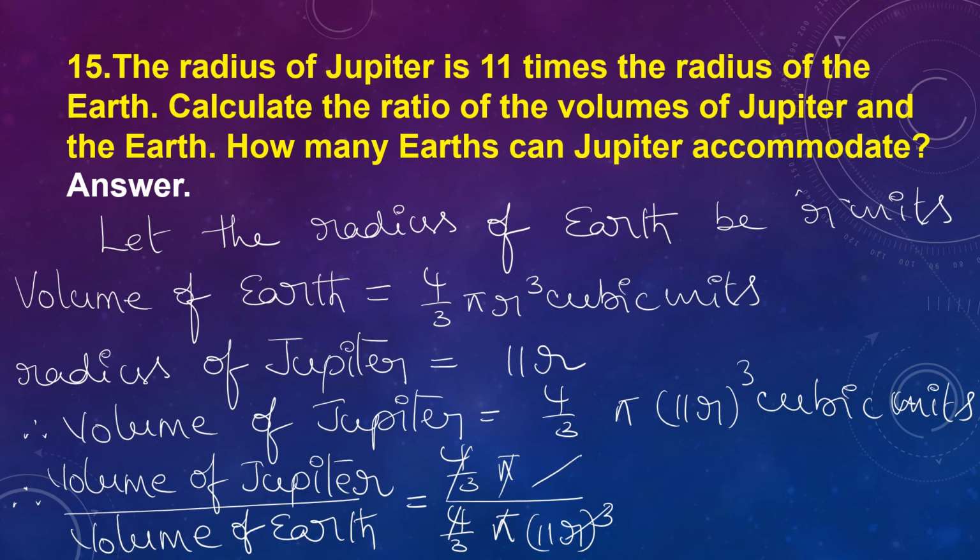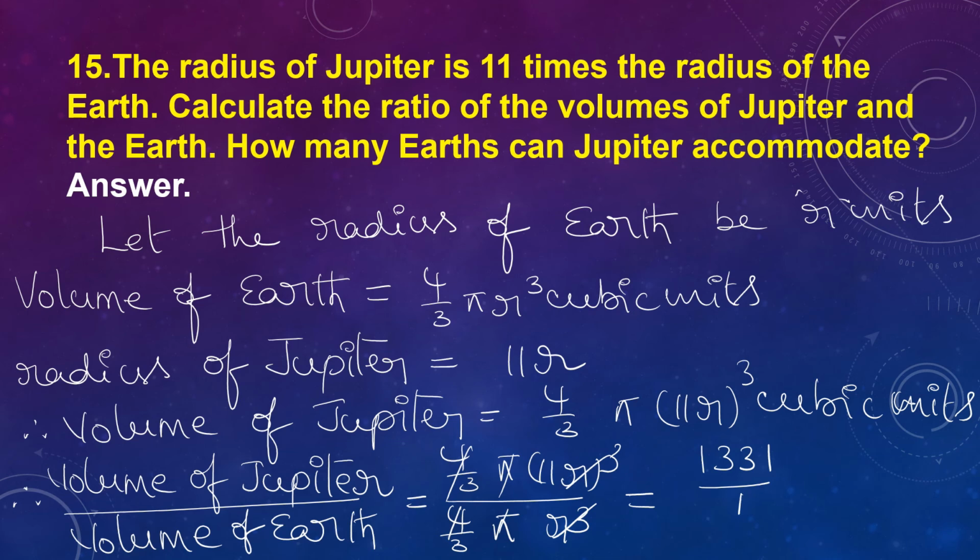Here 11 cube is 1331, so the ratio is 1331 by 1. So 1331 Earths can be accommodated in 1 Jupiter.